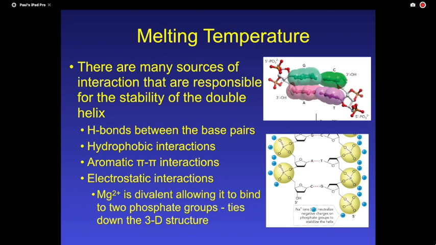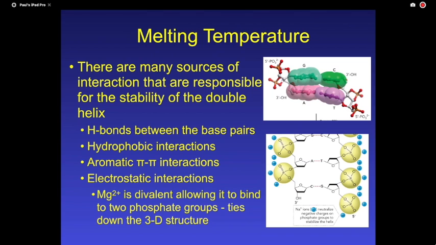Also, the electrostatic interaction. We do have a lot of phosphates, okay? But we also have roaming around the system lots and lots of magnesium. Remember, even in the standard free energy, we said it has to be 25 degrees, pH 7, 1 molar concentration, and they also give you a concentration of magnesium.